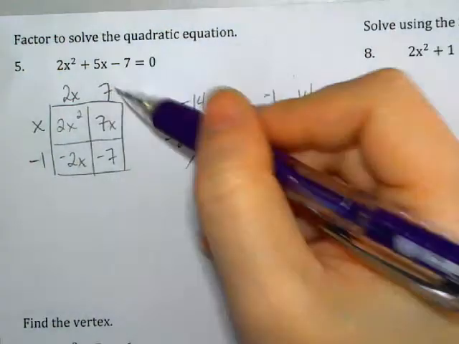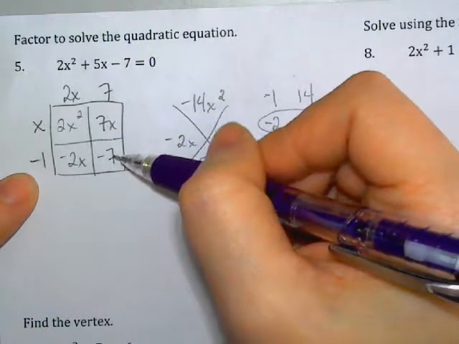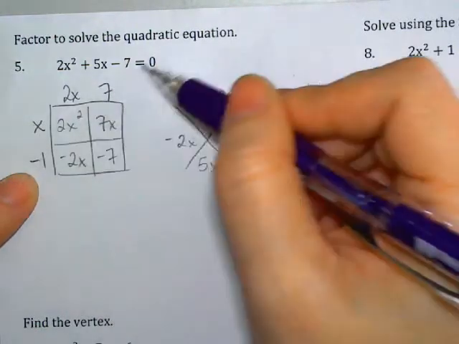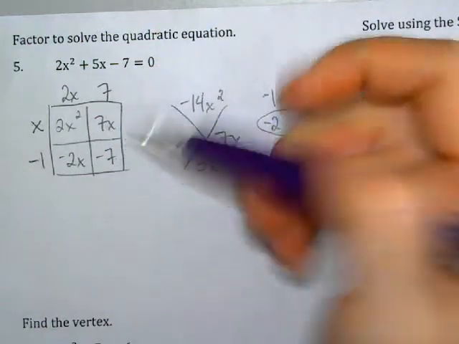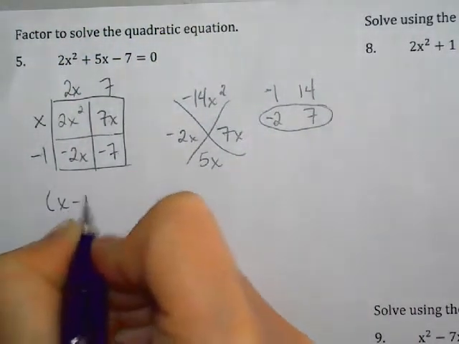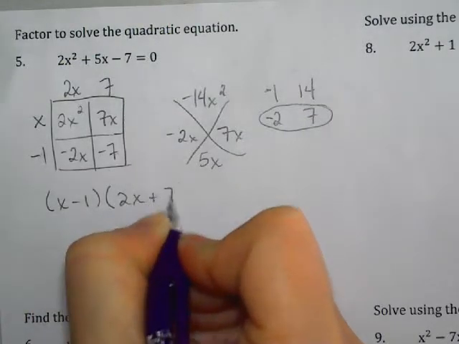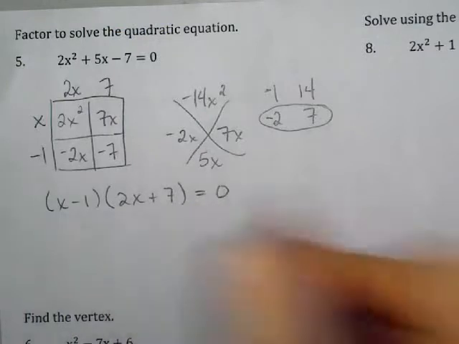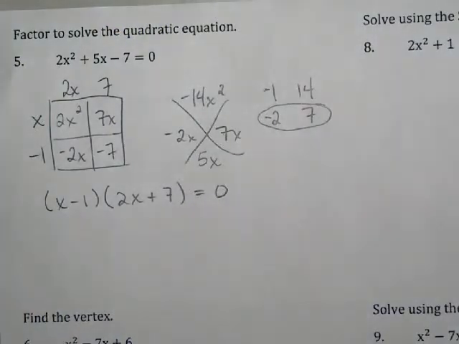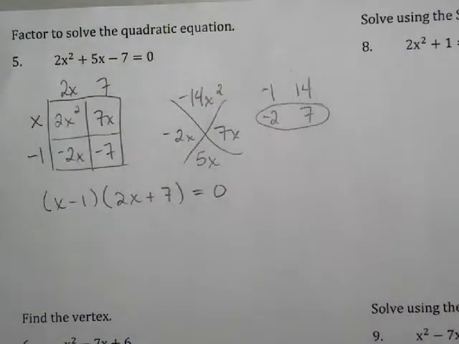And then we always want to double check that these two numbers are multiplying together to give us that last corner. So negative 1 times 7, just negative 7. So our two factors are x minus 1 times 2x plus 7. And that is equal to 0. That's something we should have checked earlier on, that we were set equal to 0, but we were already okay on that one.